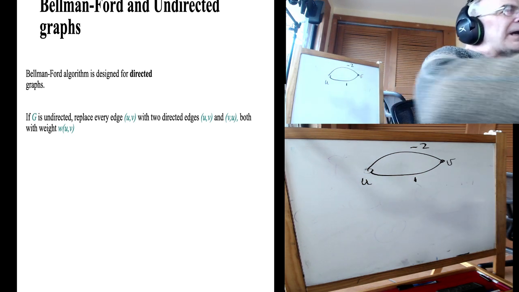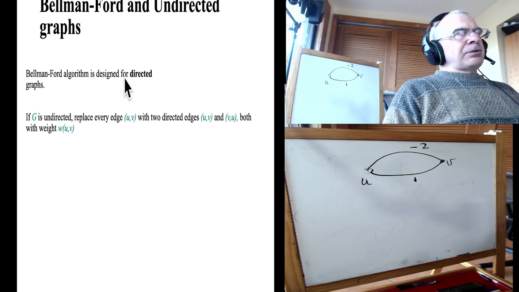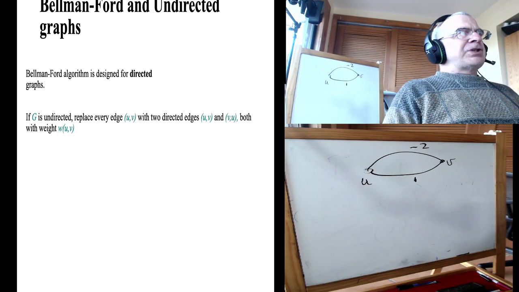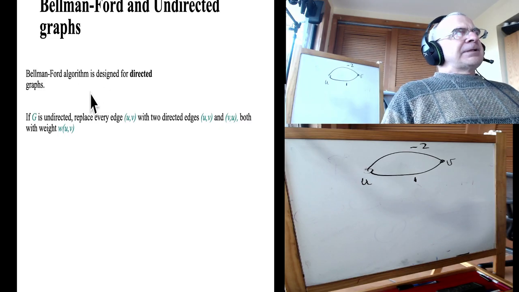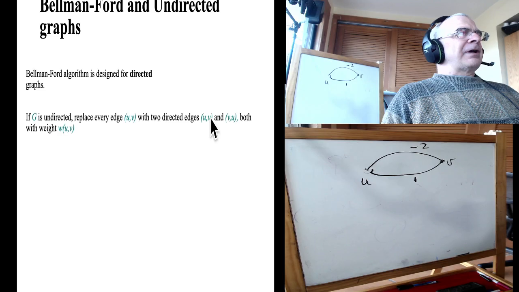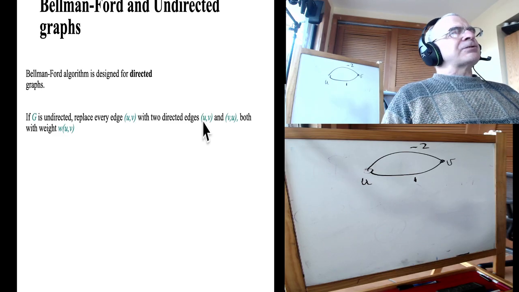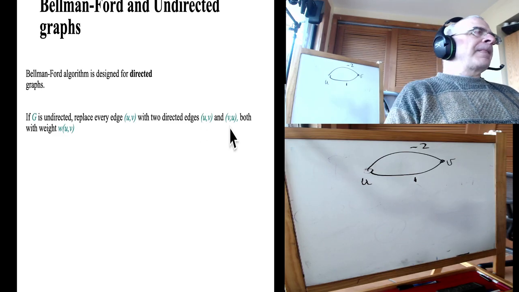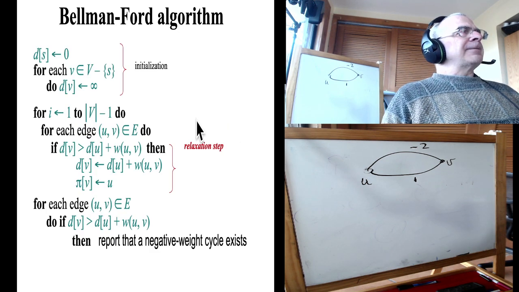So you can run the algorithm on a graph which is not directed, but to make the description a bit cleaner, let's assume that the graph is directed. If you really want to work with an undirected graph, one way to do it is, if I have an undirected edge from U to V, replace it with two edges, one from U to V and one from V to U.